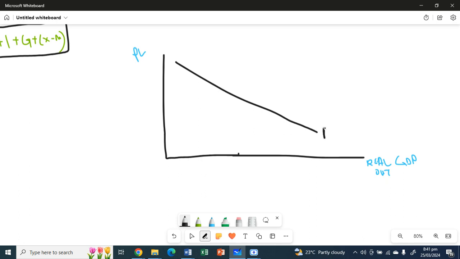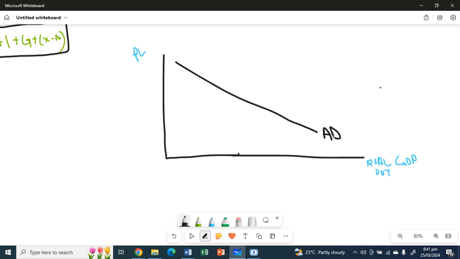All right, we have our aggregate demand curve, which is downward sloping. Aggregate demand is just the total demand for the goods and services within a nation. So just think of the word aggregate as the total.